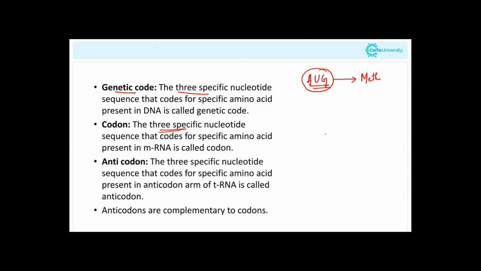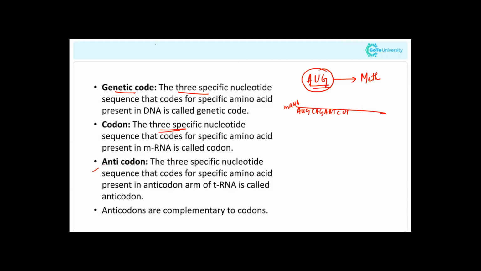And mRNA will have multiple codons. For example, AUG, CAG, AAU, CUU, like that. I am drawing mRNA, so I have U here. They are made up of codons.